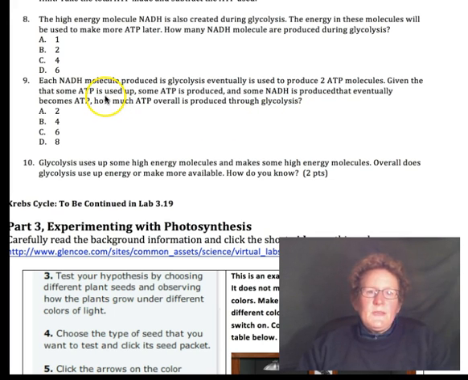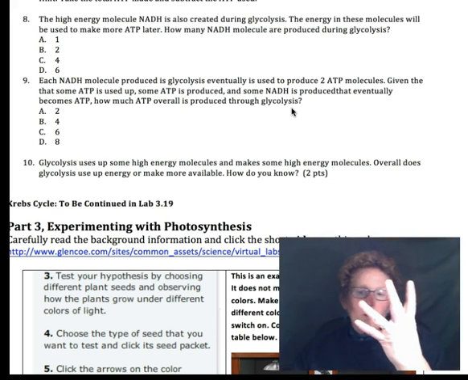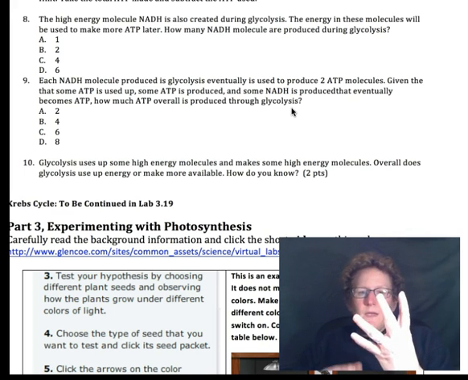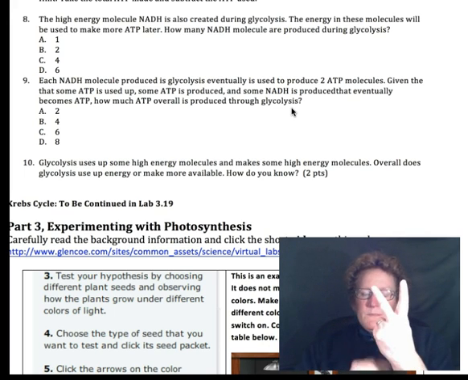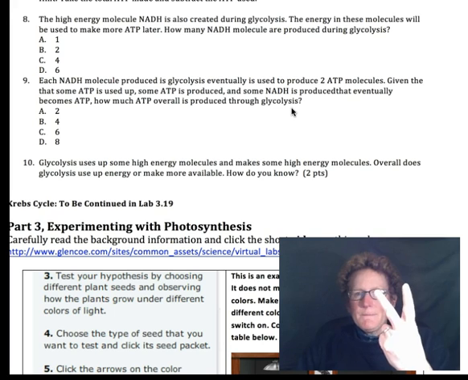Given that some ATP is used up, some ATP is produced, and some NADH is produced that eventually becomes ATP, how much ATP overall is produced through glycolysis? Well, let's do a little molecular counting again. We made 4 ATP molecules. We used up 2 ATP molecules in the very beginning.